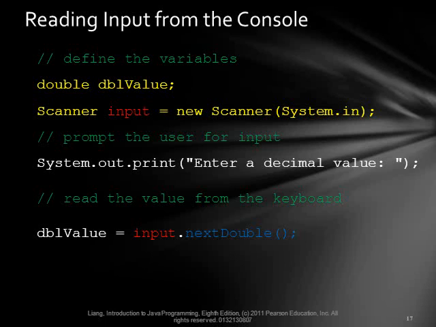Okay. Now you should have looked at that and said, well, did he make a mistake? Was that supposed to be print line, LN? Why did he just use system.out.print? Well, print is a different method of the system.out class.